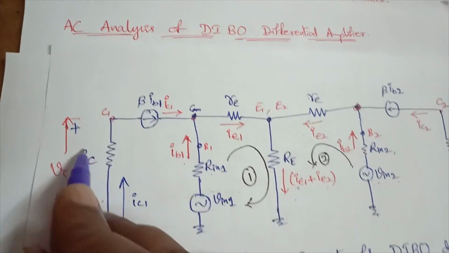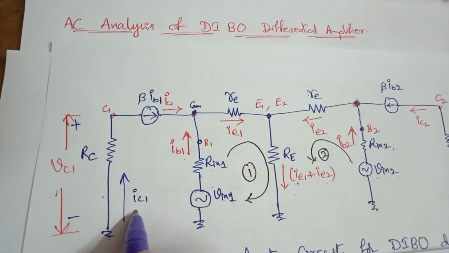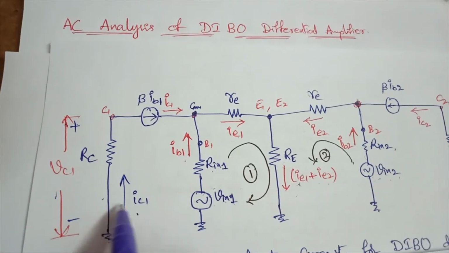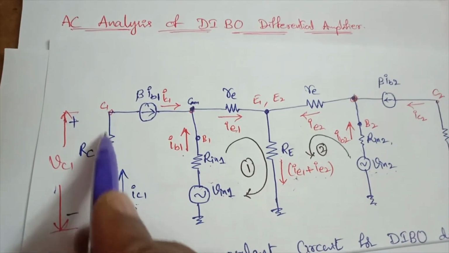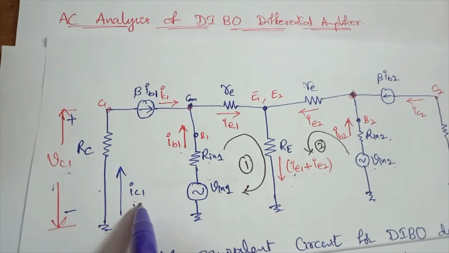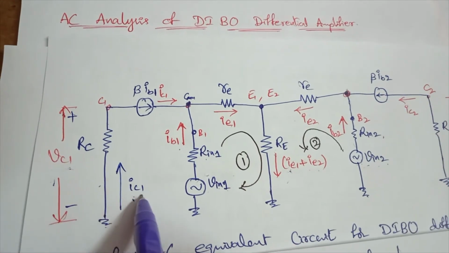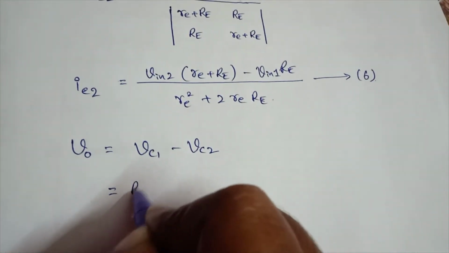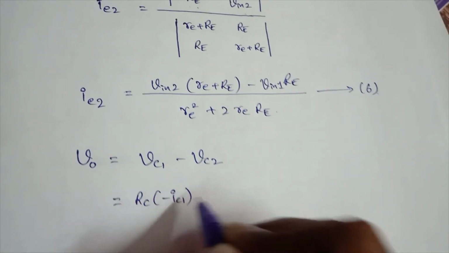So both are in opposite direction. Generally the current flows from higher potential to lower potential, but here the current is flowing from lower potential to higher potential. Therefore VC1 becomes RC into minus IC1.